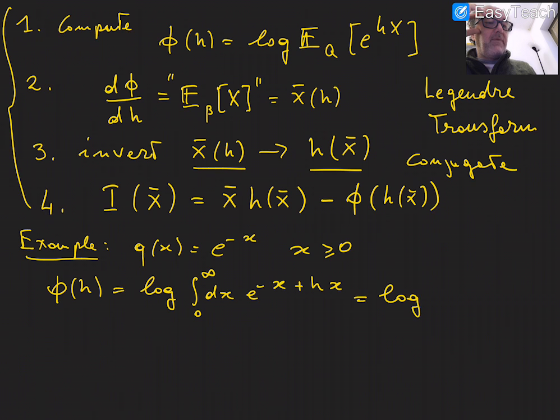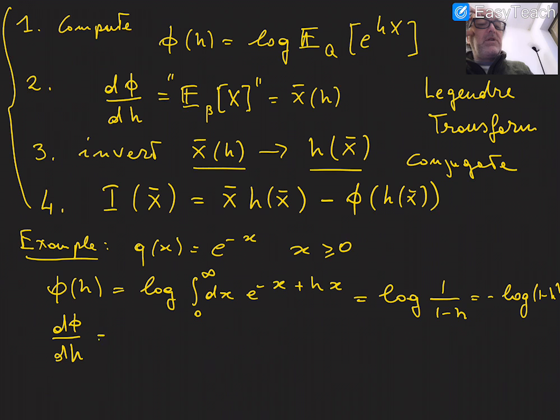So this is the log of 1 divided by 1 minus h, or minus the log of 1 minus h. For the second step, we take a derivative, and dphi/dh is equal to 1 over 1 minus h. So this we call x bar of h.